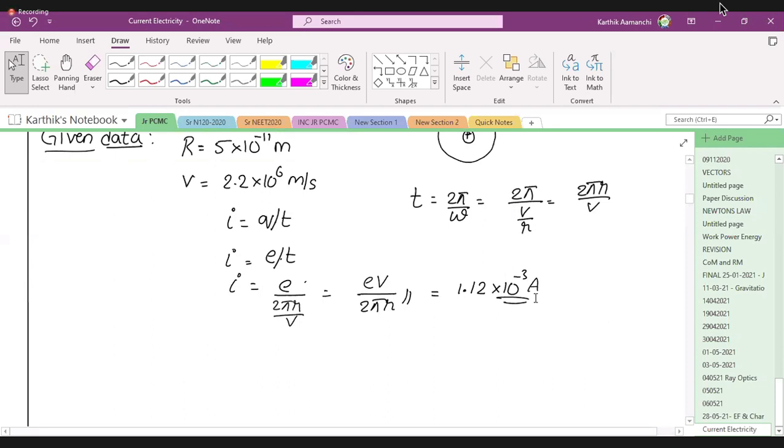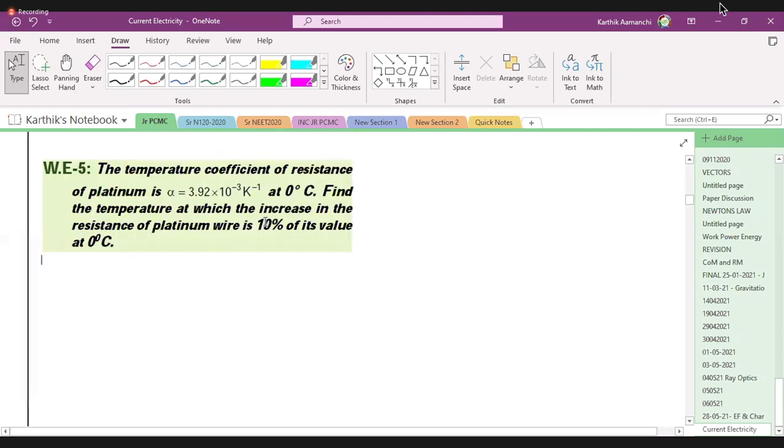So mu is equal to Vd by E. That I forgot to tell you. So, do this question.